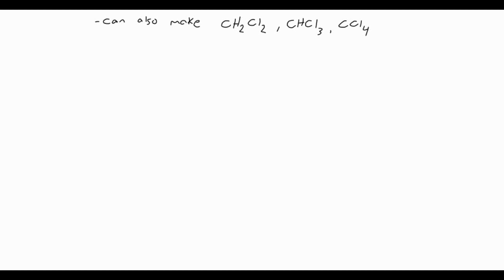So the next thing I want to talk about for the second half of this video is the relative reactivities of different halogens. Because we've been working with chlorine lately, but there's no reason why we couldn't use bromine or fluorine or iodine in any of these reactions. But it turns out that the fluorine radical is the most reactive.